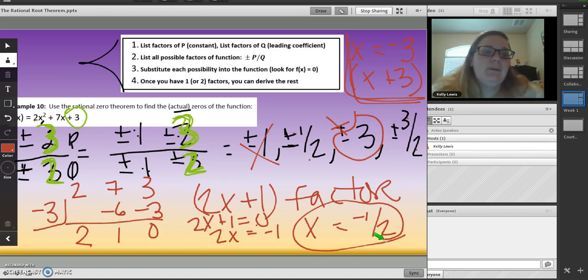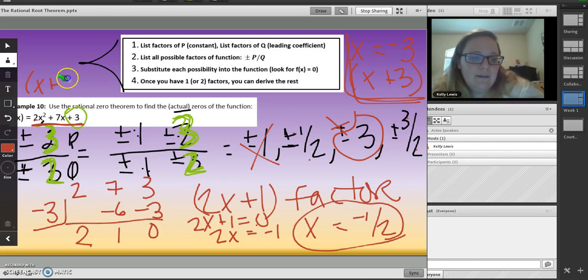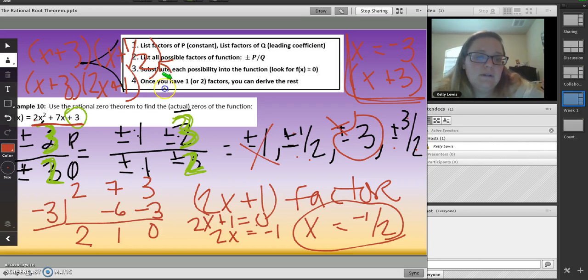And if I wanted to write this guy as a product of factors, I would say x plus 3 multiplied by 2x plus 1. Or if you substituted these guys, you could say x plus 3 multiplied by x plus 1/2. And so kind of notice the relationship between those two. They're the same thing. One is already kind of partially solved.